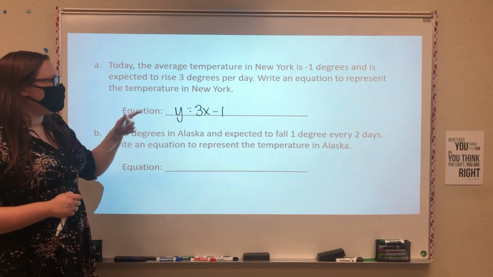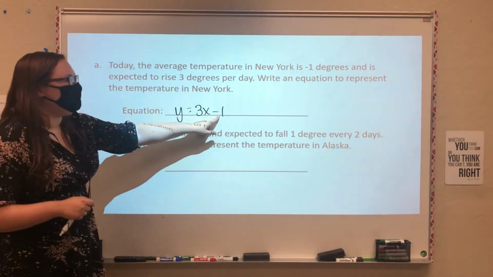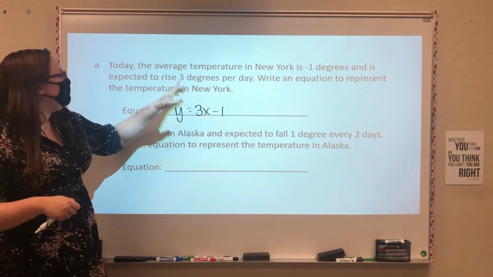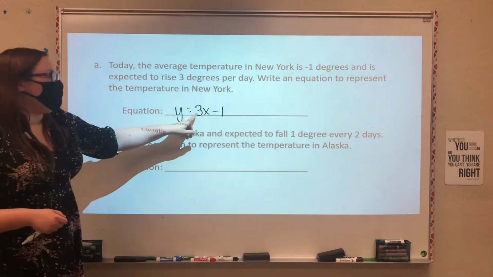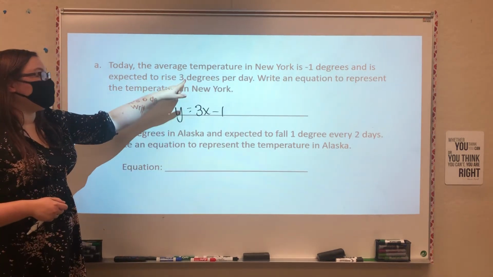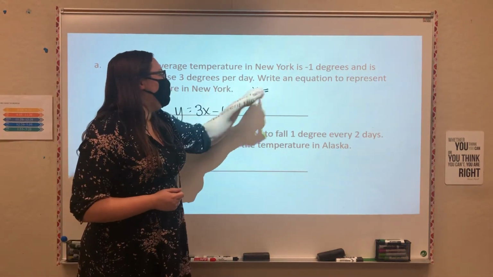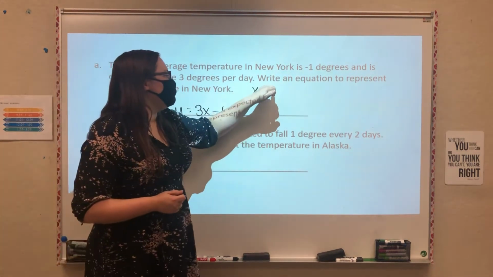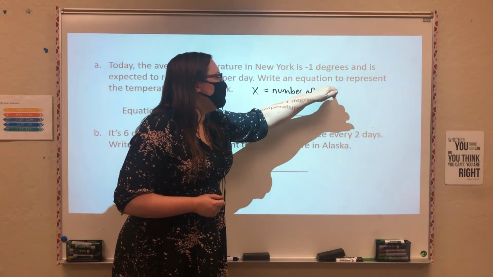So what I hear as you're describing this is you're thinking about what the graph is going to look like. I heard you say the -1 is that starting point. It's saying the temperature is starting at -1 degrees. And then we've got a positive 3x because it's going up 3 degrees per day. And I also heard you tell me that x is going to represent the number of days.